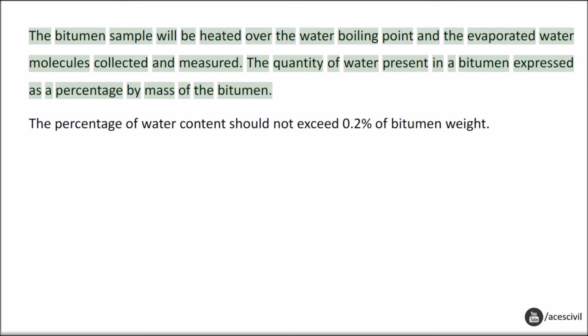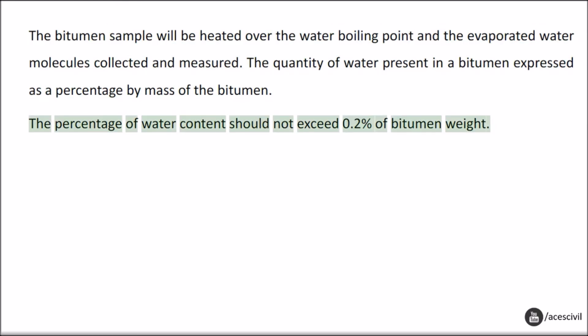The bitumen sample is heated over the water boiling point and the evaporated water molecules are collected and measured. The quantity of water present in bitumen is expressed as a percentage by mass of the bitumen. The percentage of water content should not exceed 0.2% of bitumen weight.